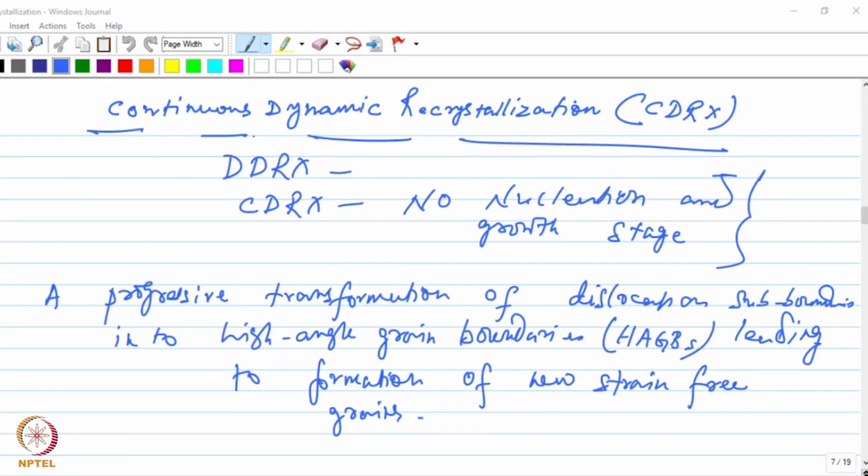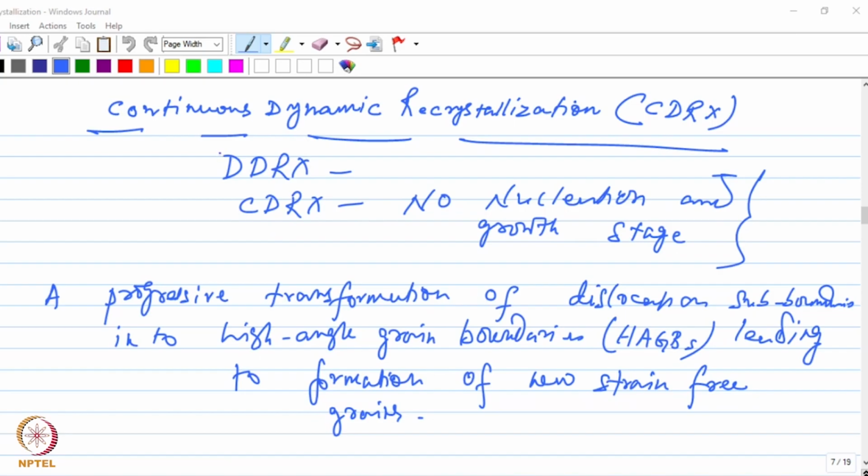We have been talking about this phenomenon called dynamic recrystallization, and we have seen that there are different forms of this particular phenomenon, and these are DDRX, CDRX, and GDRX. Okay, discontinuous dynamic recrystallization, continuous dynamic recrystallization, and geometric dynamic recrystallization.